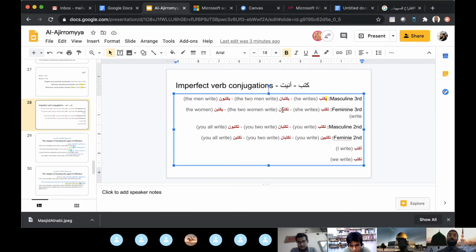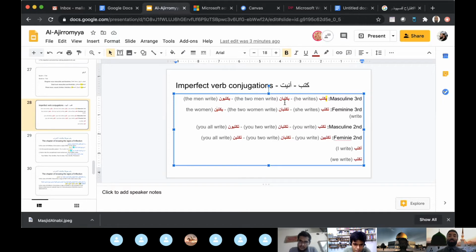We have the alif, which is also a pronoun, and noon is a sign of inflection. It indicates rafa. Yaktubna: ya is a letter of imperfectness, noon is a pronoun. Taktubu, same case. If you understood these two, you should know this one.